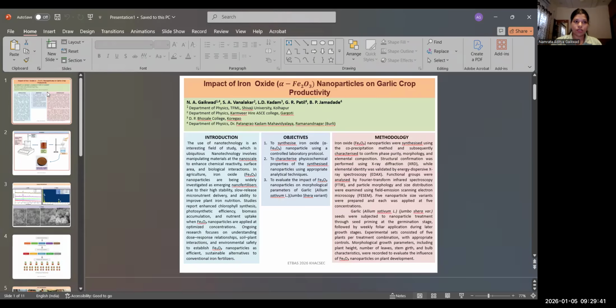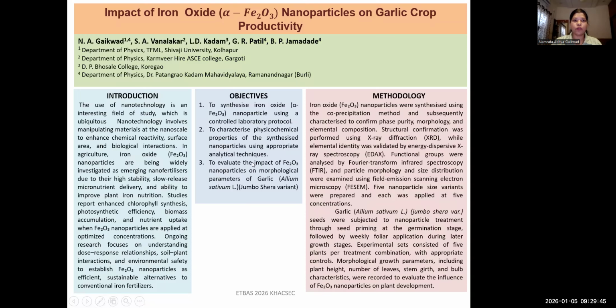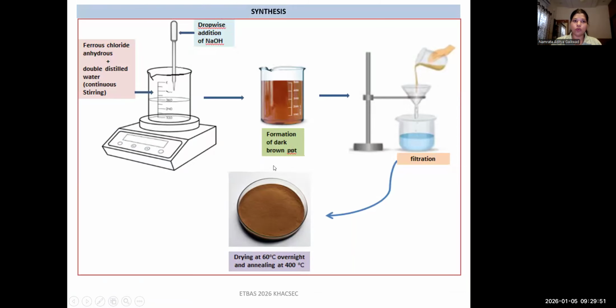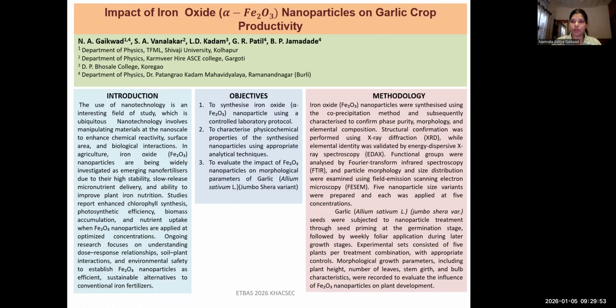So, as discussed, the title of my topic is Impact of Iron Oxide Alpha Fe2O3 Nanoparticles on Garlic Crop Productivity. We know that nanoparticles have been playing a huge role in many ways in our lives. They have a large surface area and good chemical reactivity, and their industrial applications have been checked.